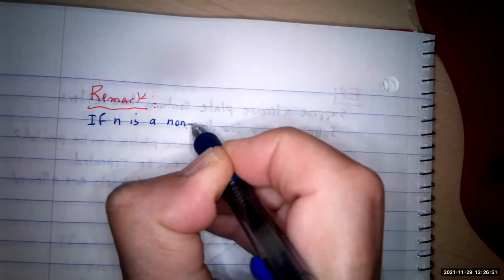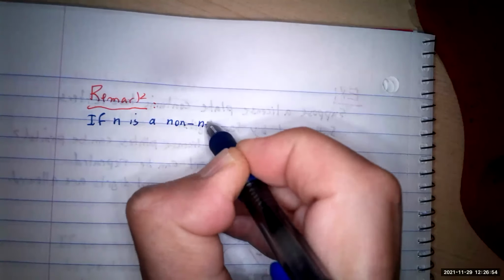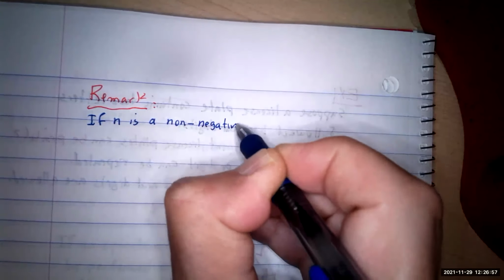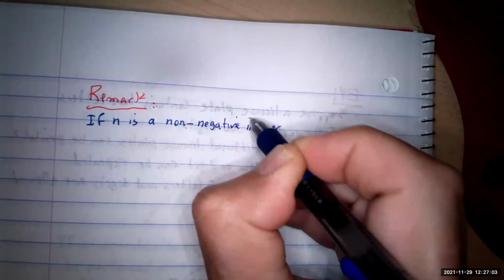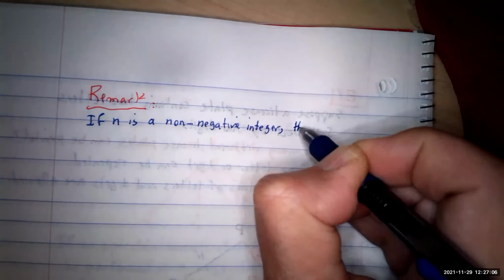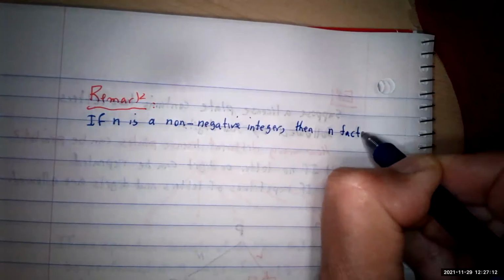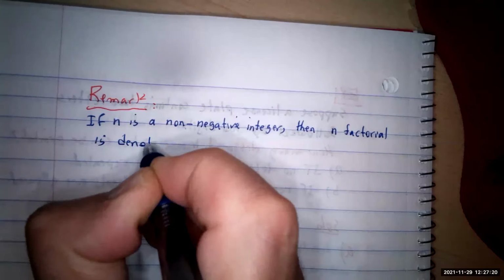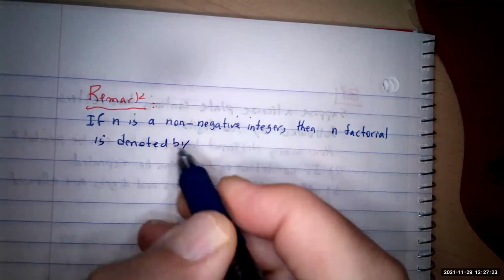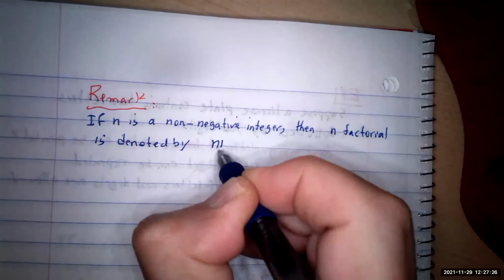If n is a non-negative integer, which means it's positive or zero, then n factorial is denoted by n!.